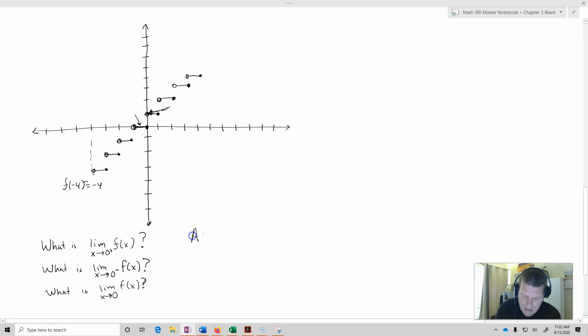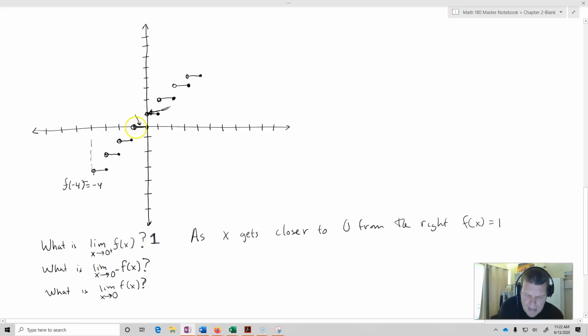So as x gets closer to 0 from the right, f of x equals 1. That right-hand limit is equal to 1.